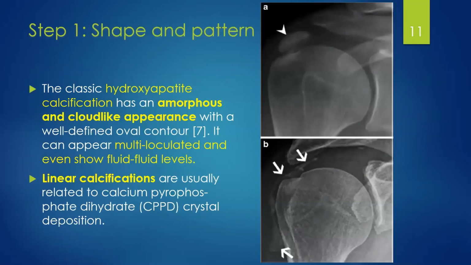The classic hydroxyapatite calcification has an amorphous and cloud-like appearance, as we see in the upper radiograph, with a well-defined oval contour. It can appear multiloculated and even show fluid levels. Linear calcifications are usually related to calcium pyrophosphate dihydrate crystal deposition.